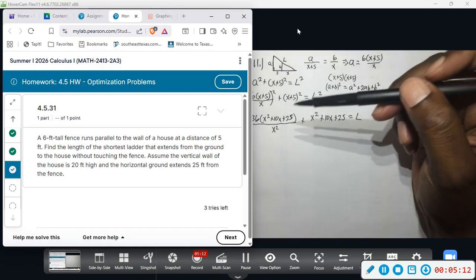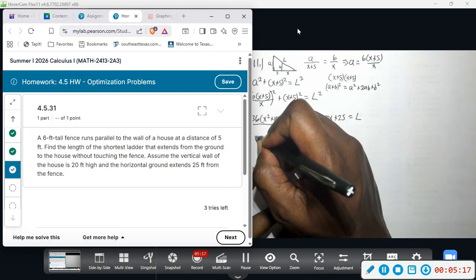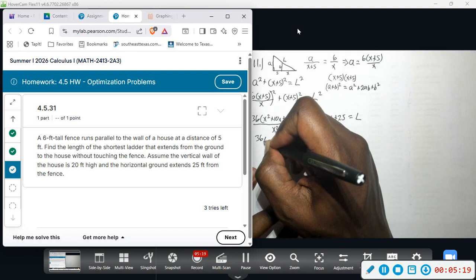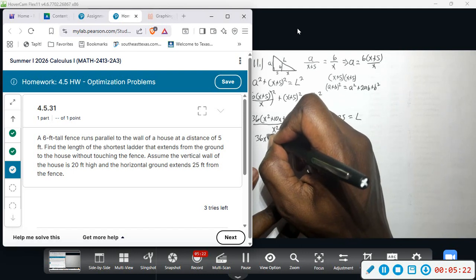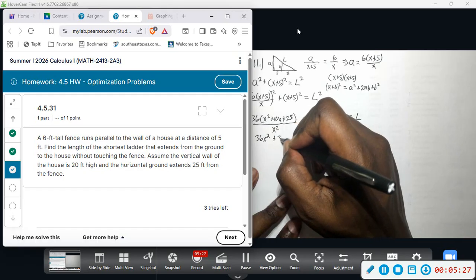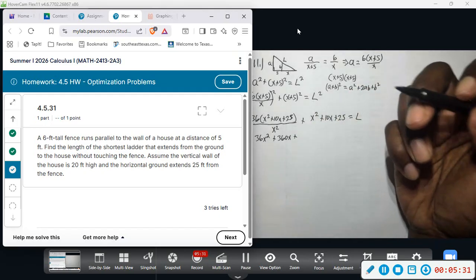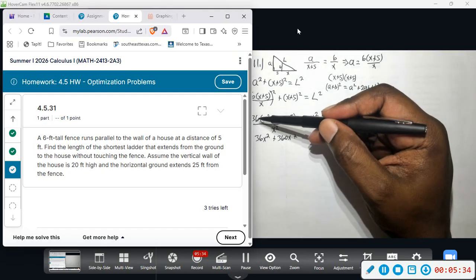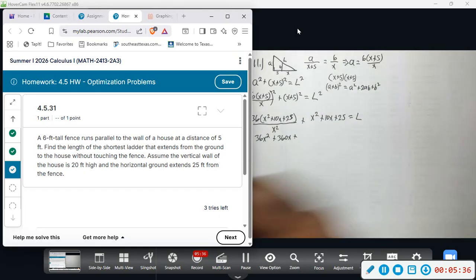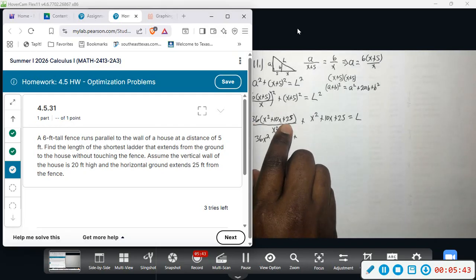From here, I'm going to simplify this part a little bit more. So this is going to be 36X squared plus 360X plus 25 times 36. 25 times 4 is 100, times 9 is 900.